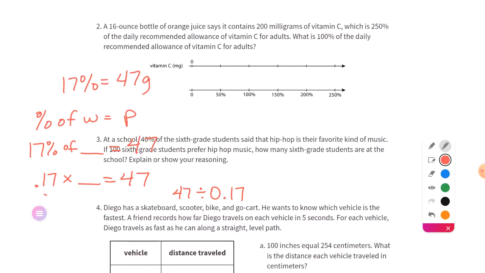It'll tell us our whole. 47 divided by 0.17. Should it be higher than 47 or lower? Higher. If it's our whole and our part is 47, it should be higher.